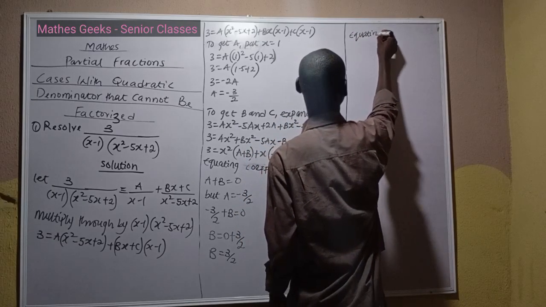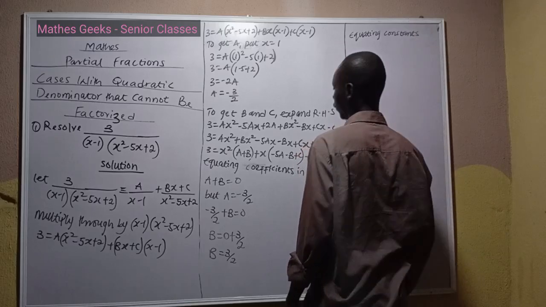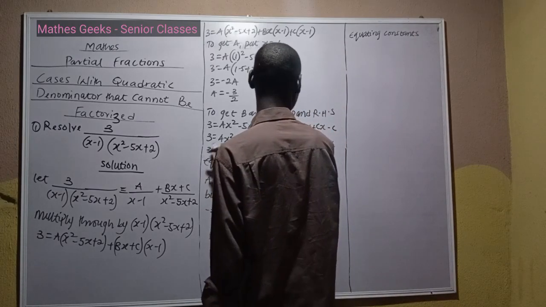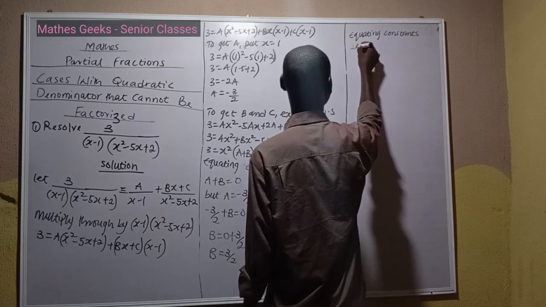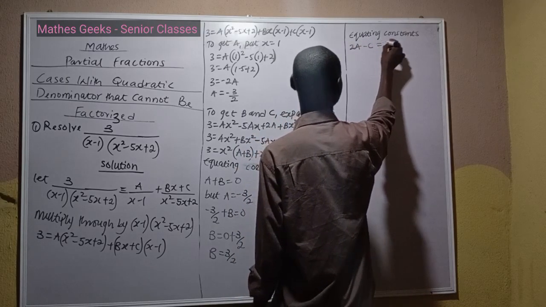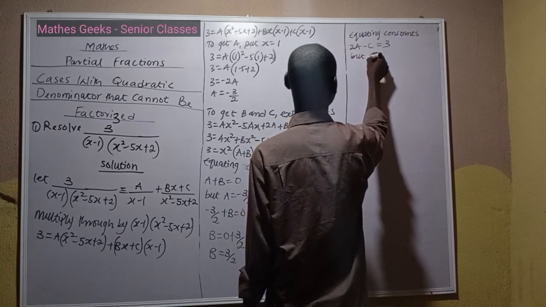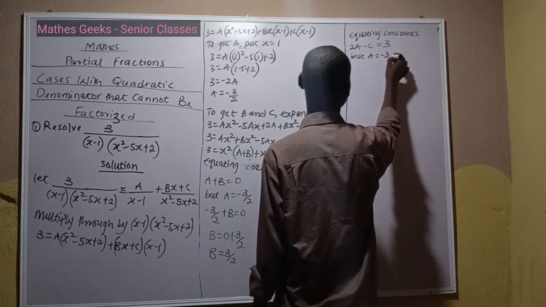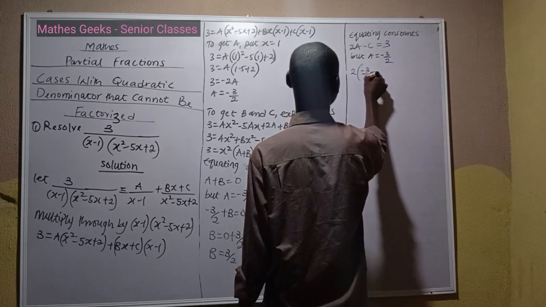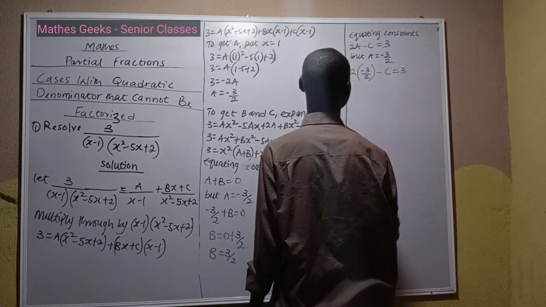Equating constants, this is a constant and this is a constant. So 2a minus c is equals to 3, but a is equals to minus 3 over 2. So 2 times minus 3 over 2 minus c is equals to 3.